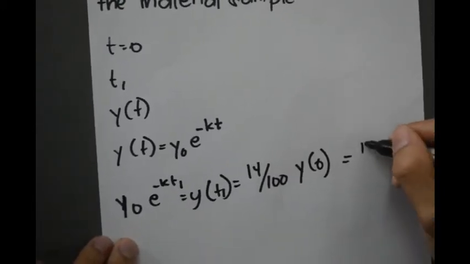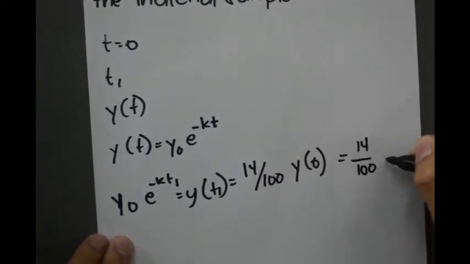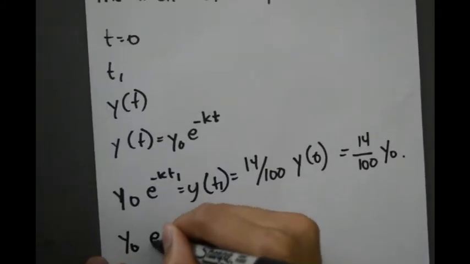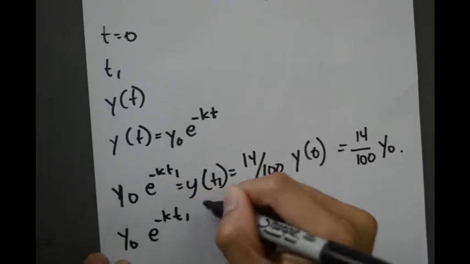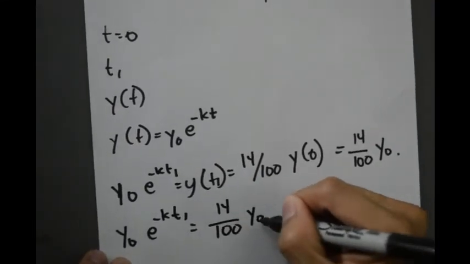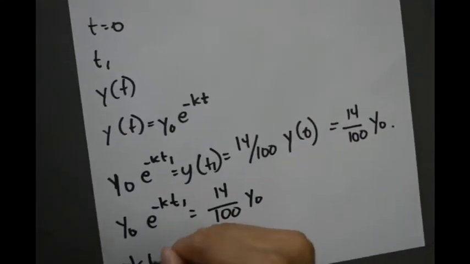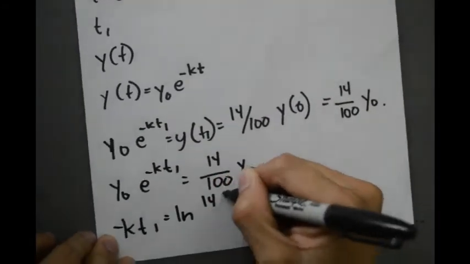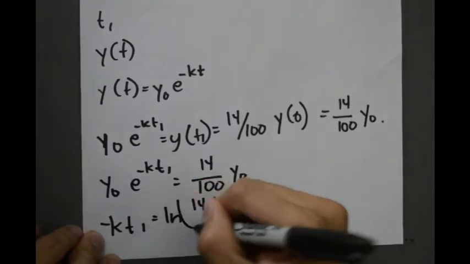That is equivalent to 14 over 100 y initial. So y initial e raised to negative kt1 was 14 over 100 y initial, and negative kt1 equals ln of 14 over 100.